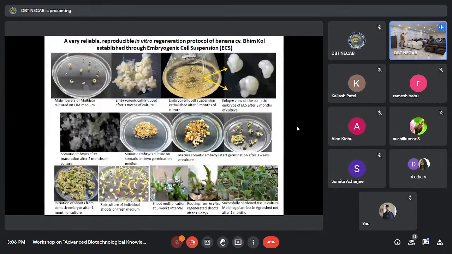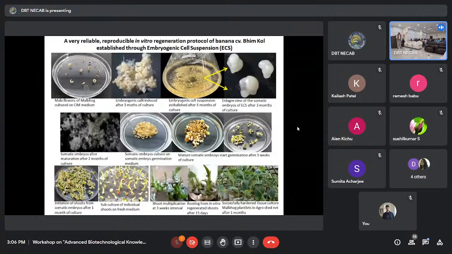So when your callus or somatic embryo is very whitish, that means they are now ready to germinate. Once they become whitish, they will start synthesizing chlorophyll. And once chlorophyll is synthesized, that is called the nodules or the growing centers. That is the region where localized cambium-like cells will develop, and this is the region from where you will get a shoot.